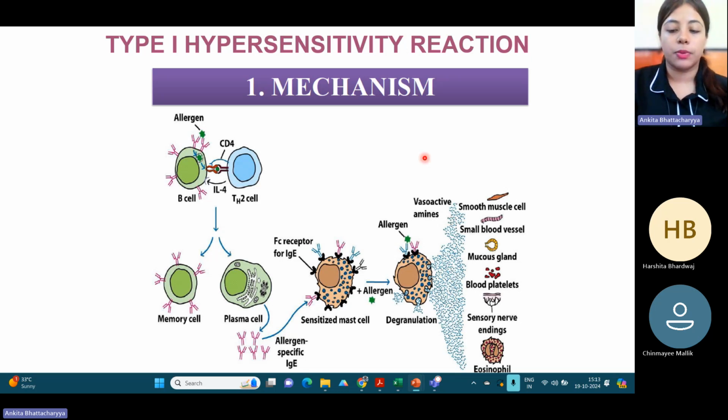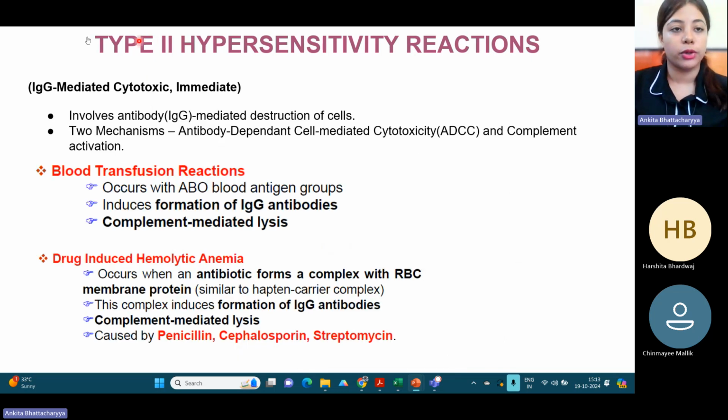However, in contrast, when we talk about type 2, like I already mentioned, it is IgG mediated, cytotoxic in nature, and is an immediate form of response. What does it involve? It also involves antibodies, but the difference lies in the fact that it leads to cytotoxicity or cell death. So IgG mediated cell destruction is a major component that distinguishes type 1 and type 2 forms of hypersensitive reactions.